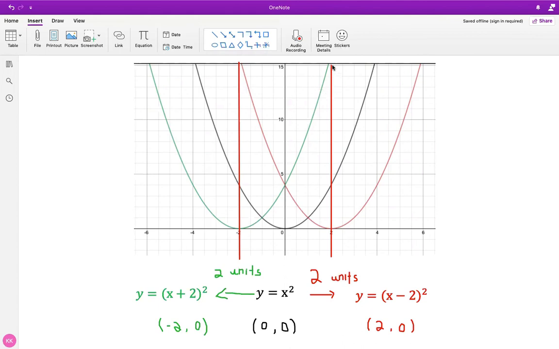The axis of symmetry passes through the vertex of the red curve and of the green curve. So the equation of the axis of symmetry is x equals 2 for the curve on the right-hand side, and x equals negative 2 for the green curve on the left. For the black curve, the axis of symmetry is x equals 0.